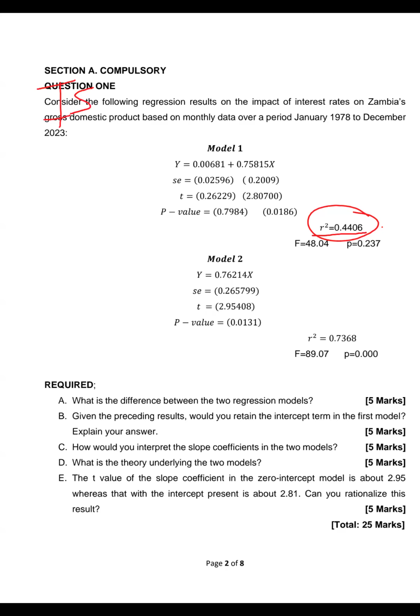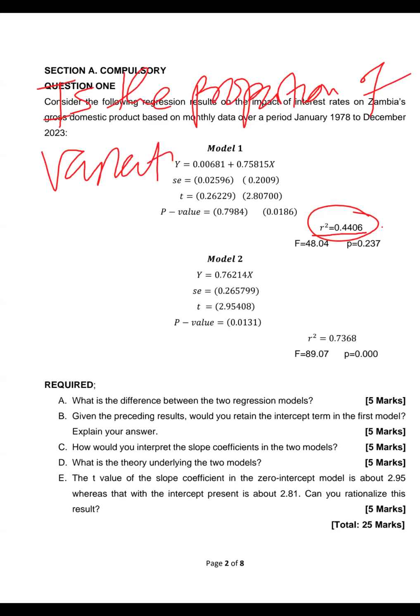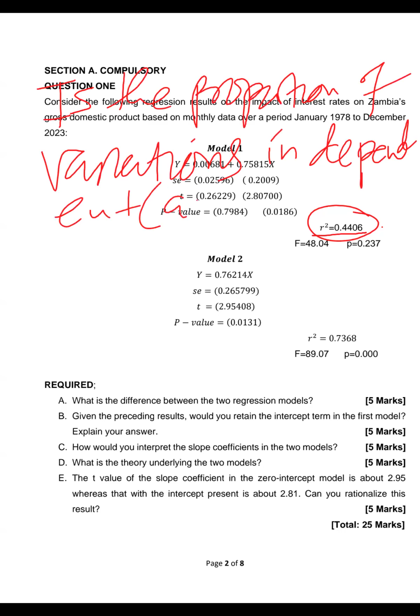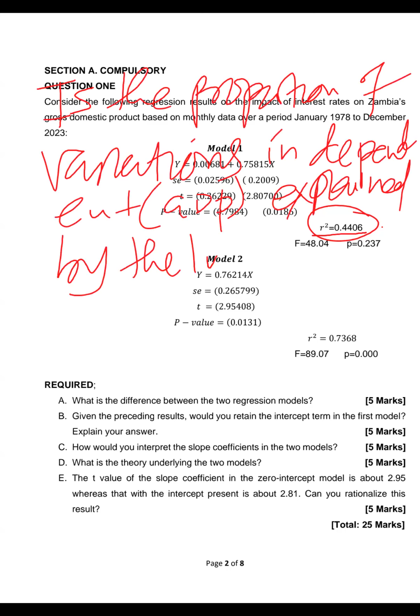So it measures the percentage or proportion of variations in the dependent variable, and our dependent variable is GDP this time around, that are explained by the independent variable.